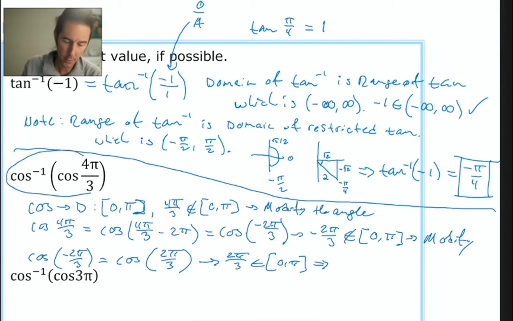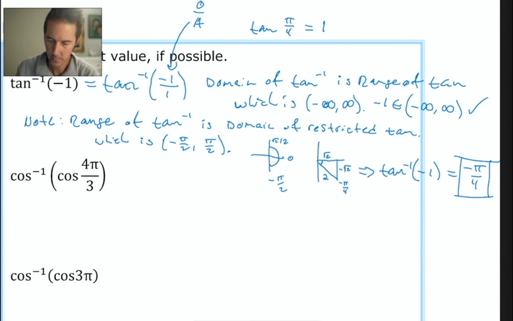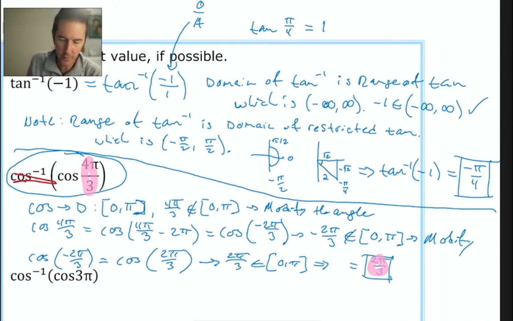The cosine inverse of the cosine of 4π/3 equals the cosine inverse of the cosine of 2π/3, which equals 2π/3. Because once this 4π/3 becomes a 2π/3, the cosine and the inverse cosine are going to finally cancel each other out, leaving you with your final answer of 2π/3. Nice one.